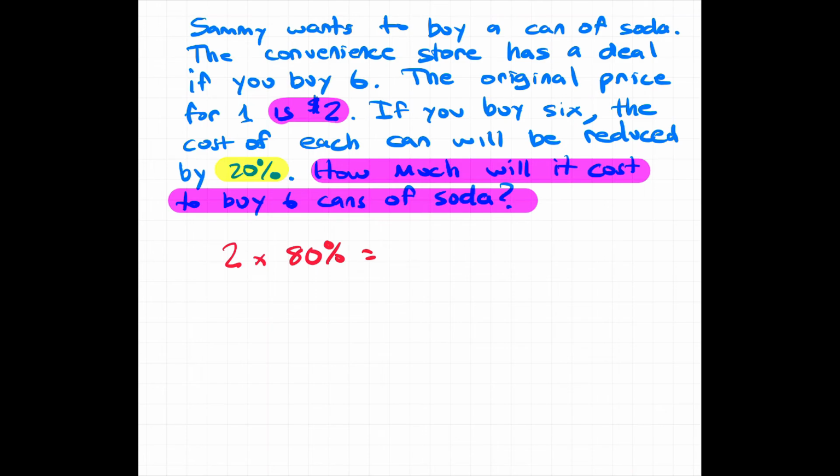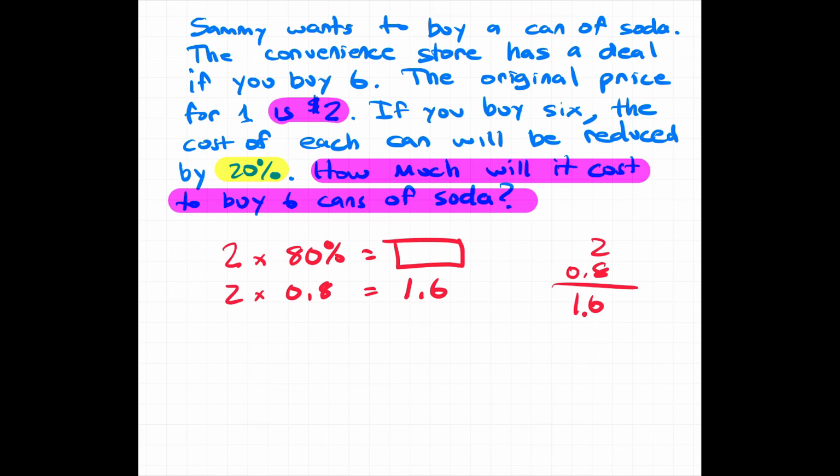And what is going to be the new cost of that can of soda? Well, this is going to be 2 times 0.8 because we can't do calculations with the percentage, and 2 times 0.8 is going to be 16 with 1 decimal place, so the new price is going to be $1.6.